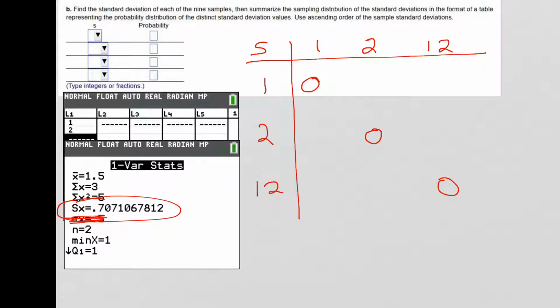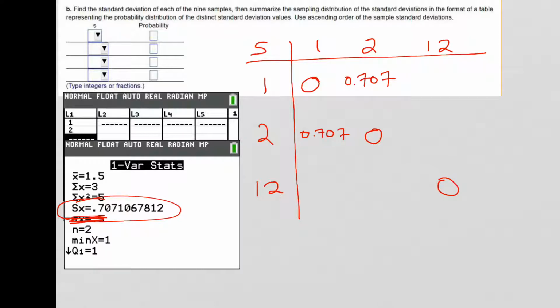Since MyMathLab is asking you to find your standard deviations to 3 decimal places, we're going to have 0.707 for 1 and 2, and then it'll be the same thing here, 0.707 for 2 and 1, since of course the order isn't going to make a difference.